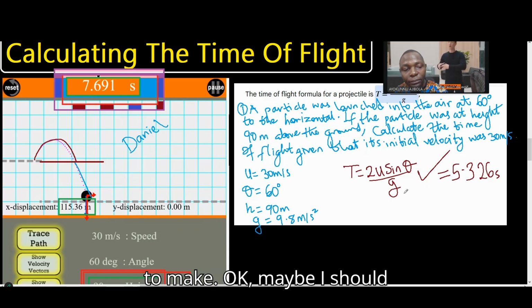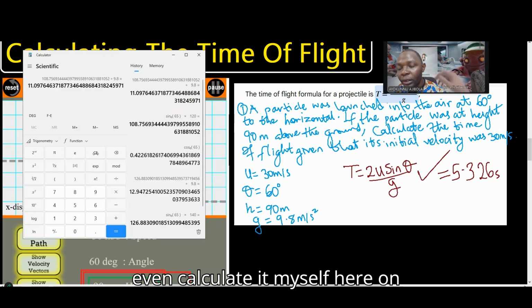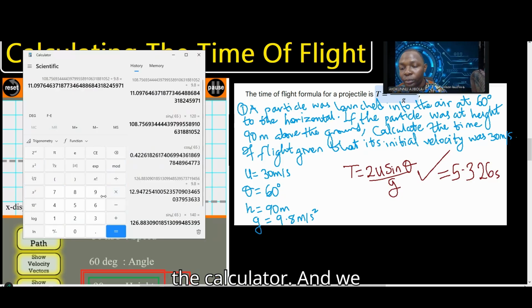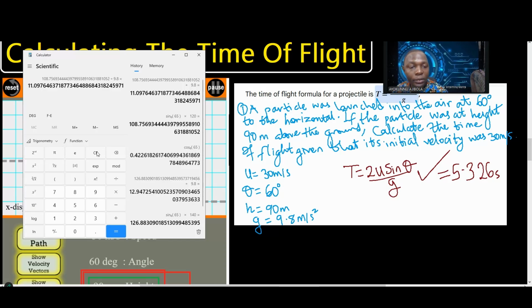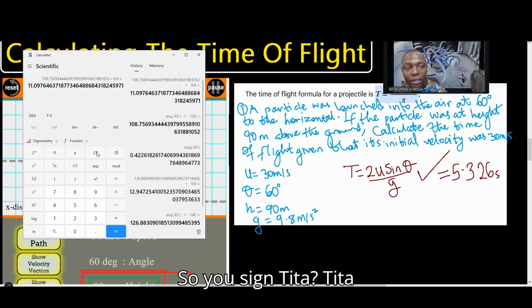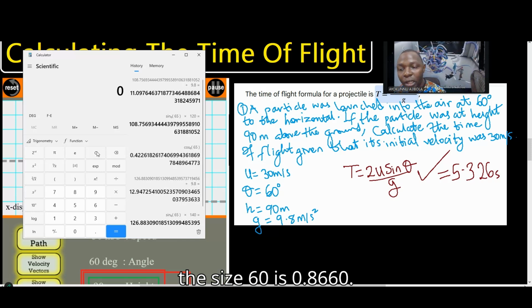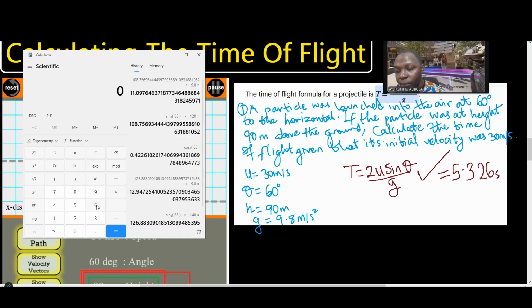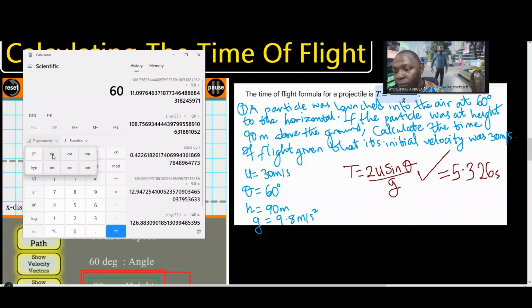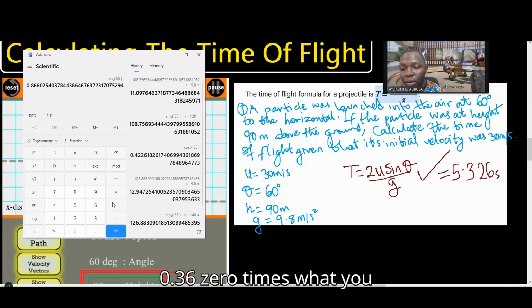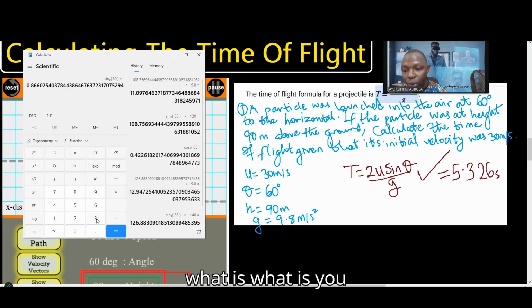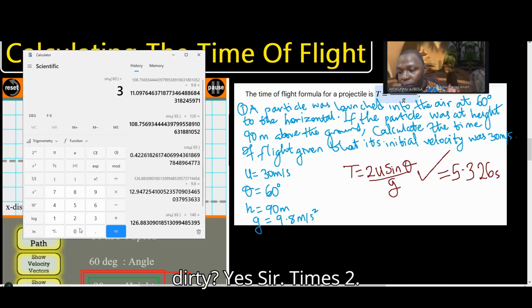Maybe I should even calculate it myself here on the calculator, and we try to see. 2u sine theta. Theta is 60, right? Yes, sir. So sine 60 is 0.8660, times what? U, what is u? 30. Yes, sir.